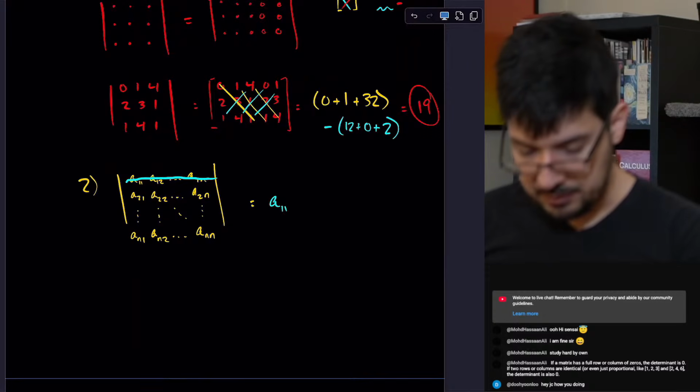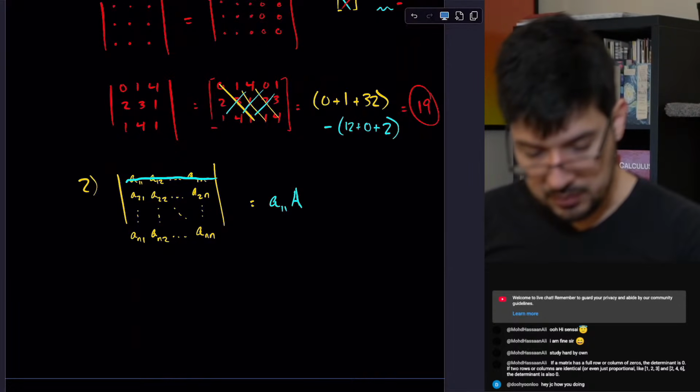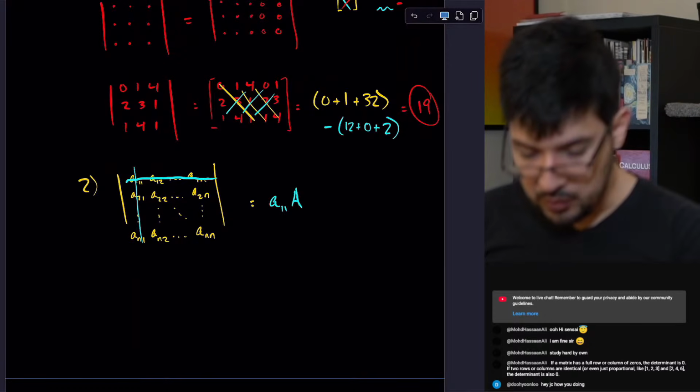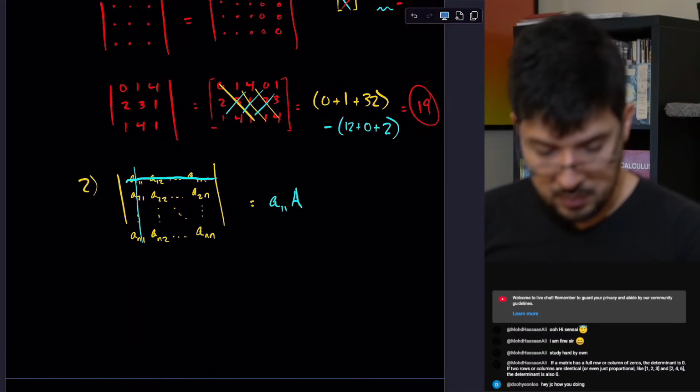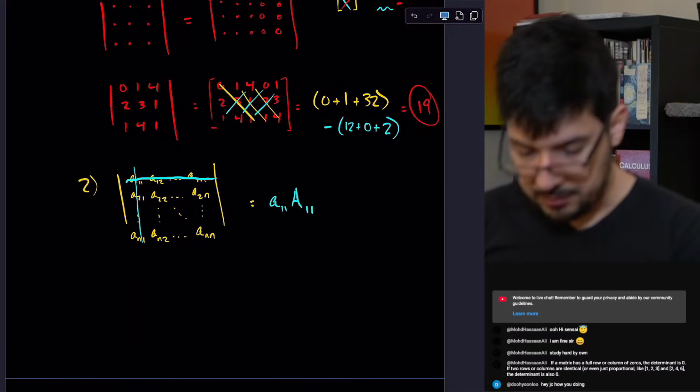A11 times the minor matrix that you obtain by removing row 1 and column 1.